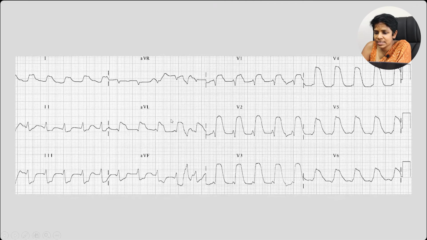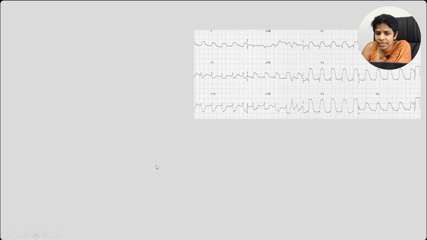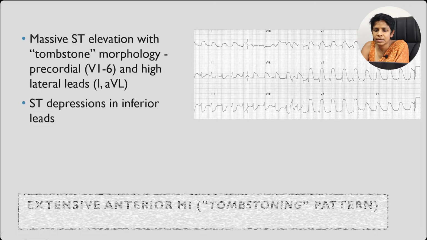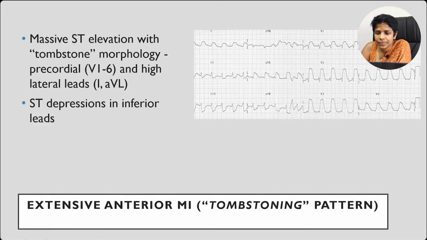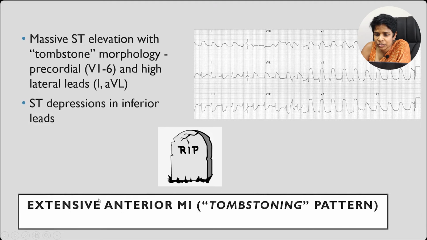Here you can see ECGs are bizarre, abnormal, with large ST elevations involving L1, AVL and V1 to V6, and there are significant ST depressions in inferior leads 2, 3, AVF. This is actually called the tombstone pattern of ST elevation MI, because it resembles a tombstone. So this again is an important ECG sign that should be detected in anterior STEMI.